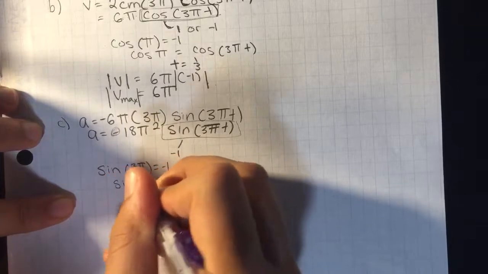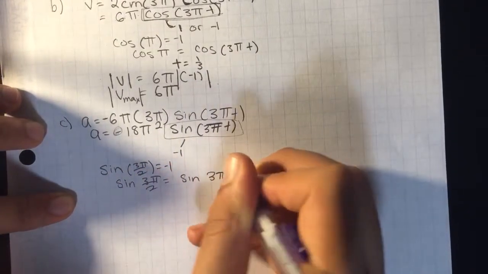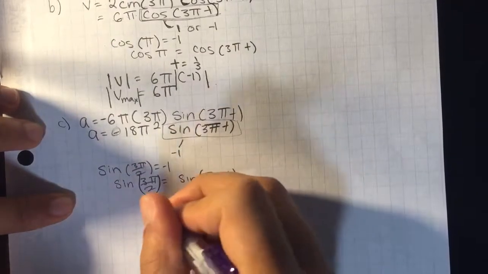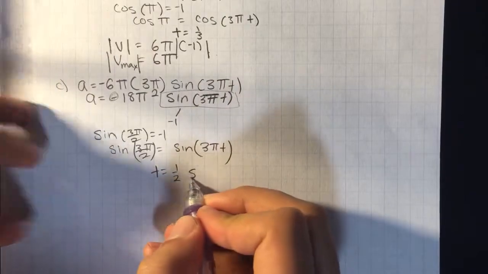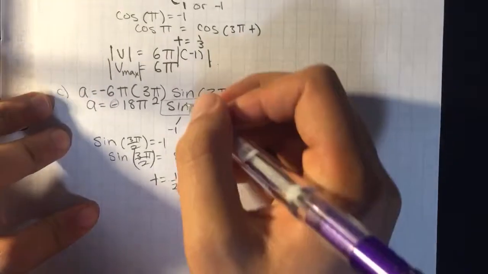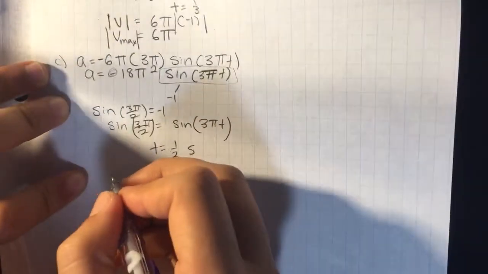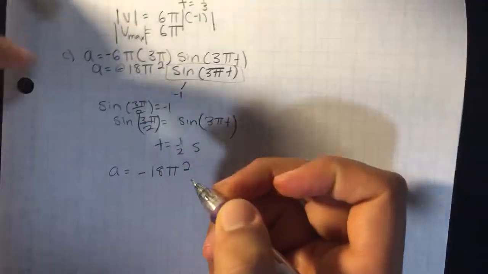So sine of 3 pi over 2 equals sine of 3 pi t. So we know that t equals 1/2 second. That's going to be the time at which it's the maximum acceleration. And then once we put it in, that's going to become negative 1. So the acceleration is going to equal negative 18 pi squared.